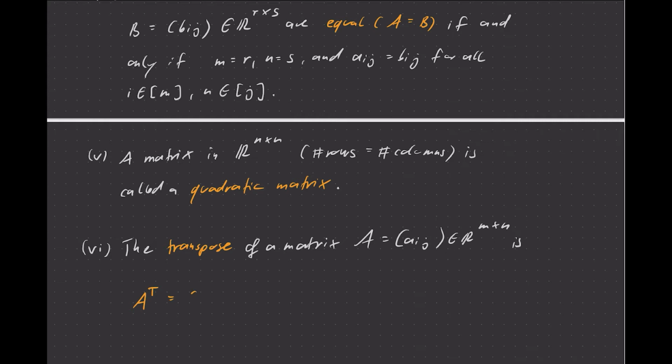And that is simply the matrix where rows and columns change their roles. So that is composed of the entries Aji, where now j is the row index, formerly used to be the column index. So this new matrix has n rows and it will have m columns.